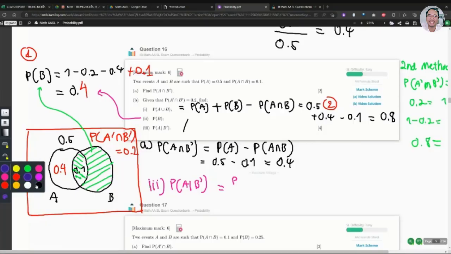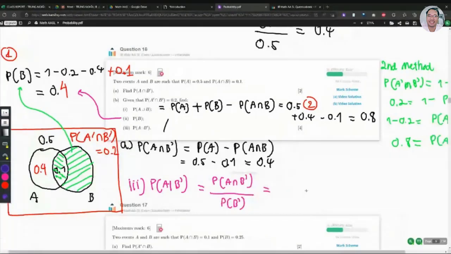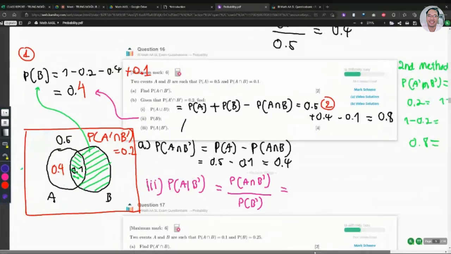The numerator is still P of A and B, right? A and not B. Replacing the letter B by B dash, which is not B. That would be, okay, we already know that the prop of A and not B is 0.4 here.